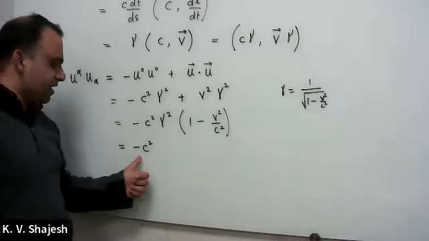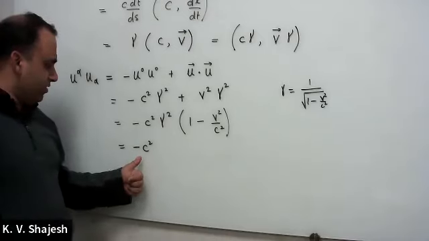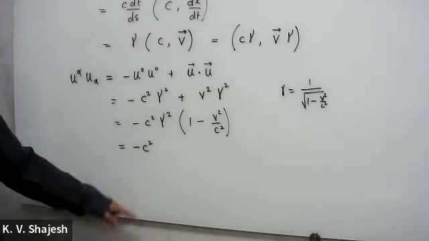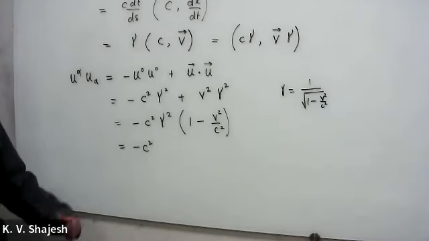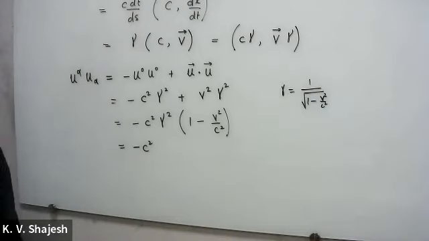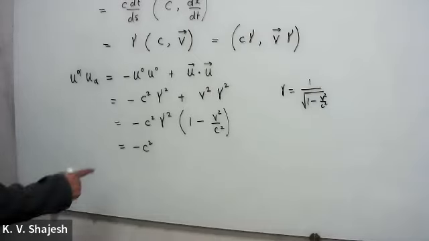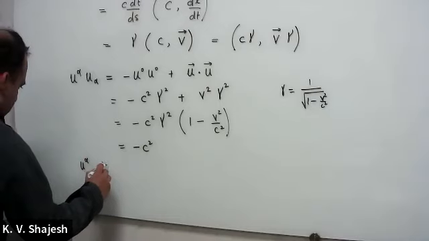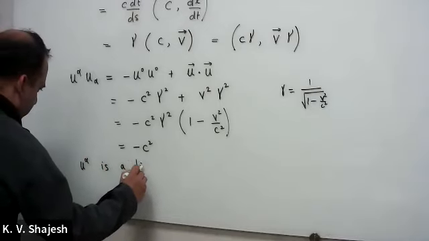This came out to be a negative sign. What does that mean? What's the relevance of that? That being a negative sign, is it a time-like vector or a space-like vector? This being negative means it's time-like. So U alpha is a time-like vector.